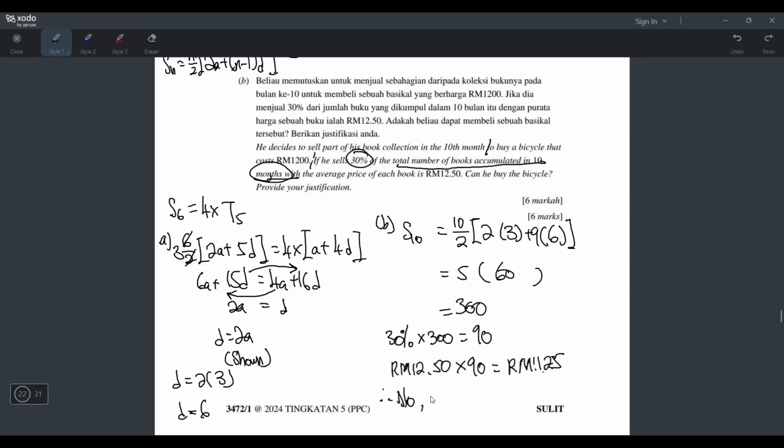So I can say that no, because he earns, okay, I will just write he only earns lah, because he only earns RM 1125, which is not enough to buy the bicycle.